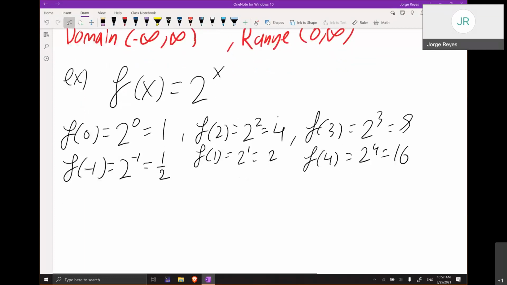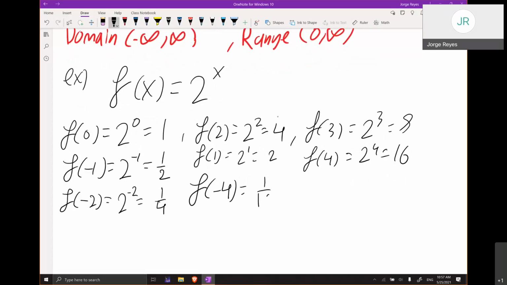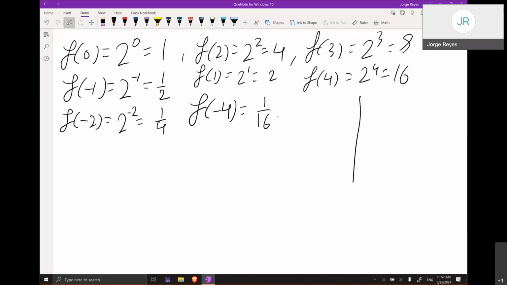So f of negative 1 is a half. F of negative 2 is 1/4. F of negative 4 is 1 over 16. If I make all of those dots, we see that I get something that looks like this.